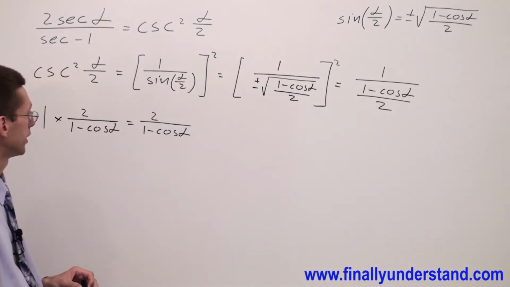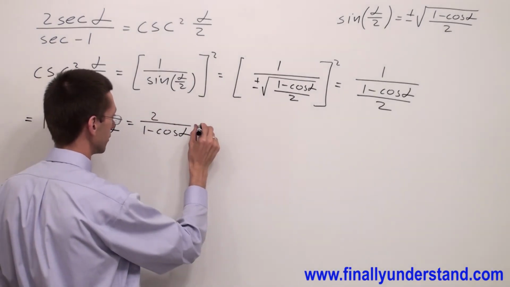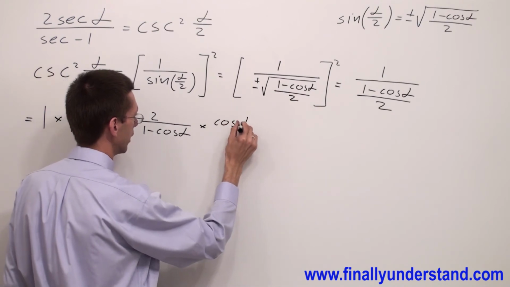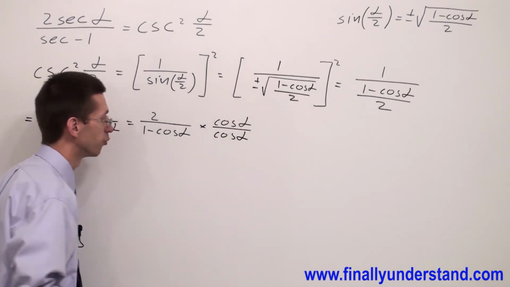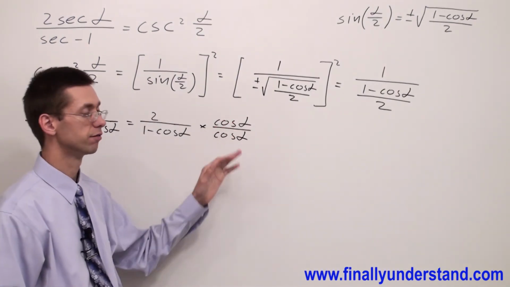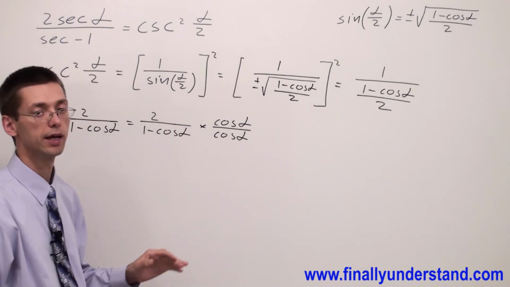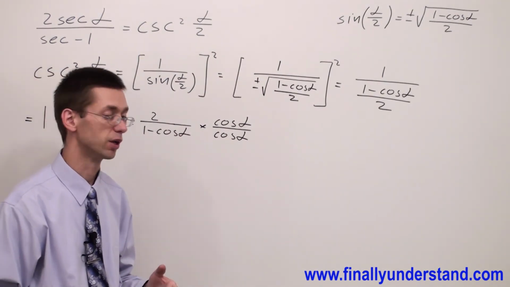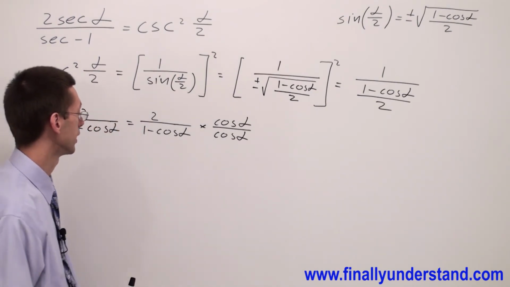In order to obtain secants, we're supposed to expand this fraction by cosines. So I have cosine alpha and cosine alpha. Please notice that cosine alpha divided by cosine alpha is equal 1.